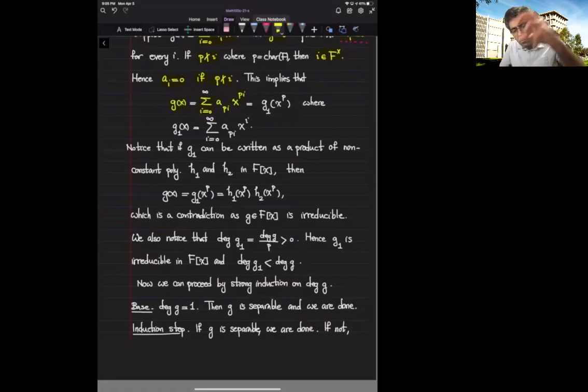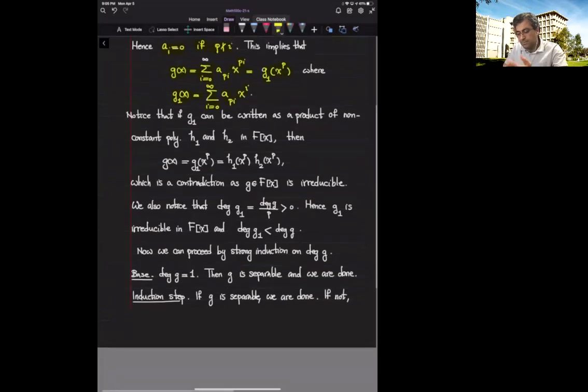So if I think about it as a polynomial in terms of x to the p, meaning I just look at the coefficients, but change the power of x to x to the i, and call this a new polynomial g sub 1, the top equality tells me that g is nothing but g sub 1 evaluated at x to the p, or plugging in x to the p for x.